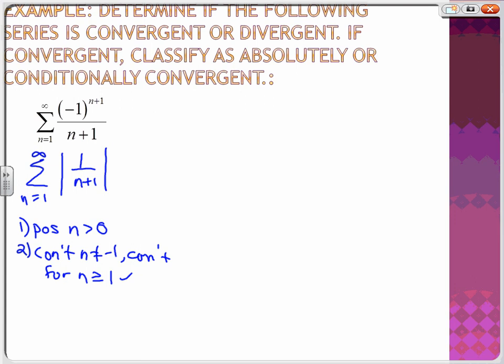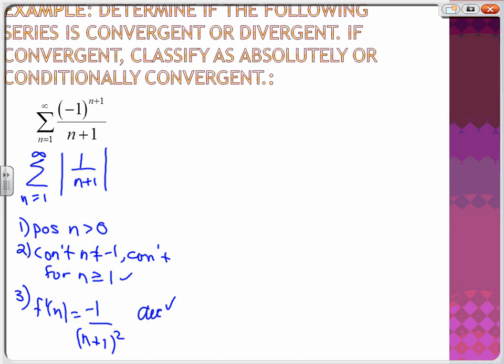As long as you are from some point forward, you're good. And the third one, what'd you get your derivative to be? -1 over (n plus 1) squared, which is always decreasing, right? So you're good. Is that okay?